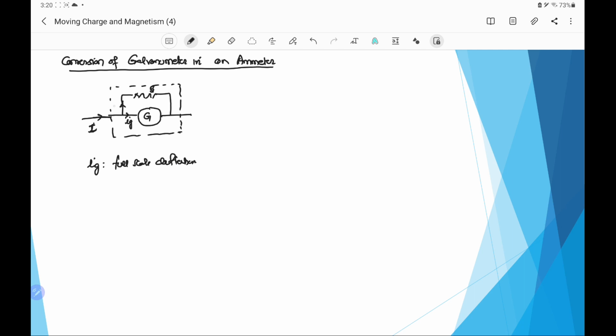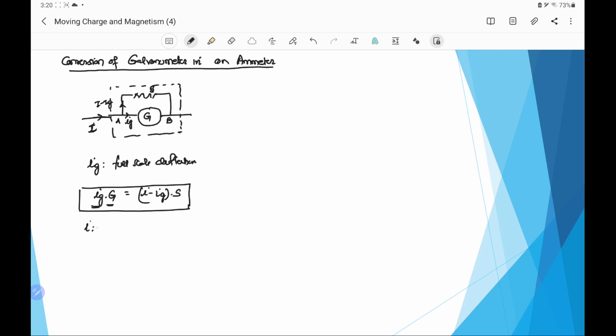Then the remaining current I minus Ig will flow through S, and because points A and B are the common terminals for S and G, where G is the resistance of the galvanometer and S is the shunt resistance, we can write that Ig into G, the current in the galvanometer multiplied by the resistance of the galvanometer, must equal the current in the shunt resistance, I minus Ig, into shunt resistance S. This is the condition to get an ammeter of a particular range.